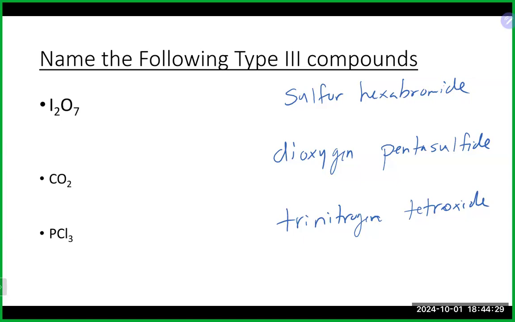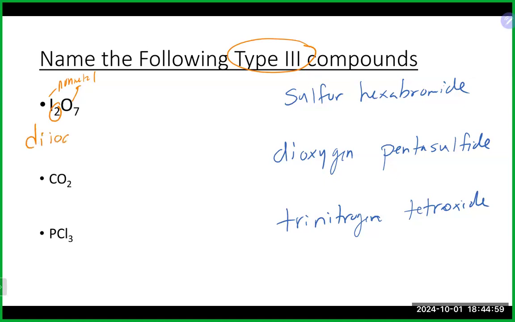Okay, so let's take a look. So again, really with any naming, you really want to identify what you're looking at. So I is a nonmetal. So is oxygen. They're both nonmetals. So once again, two nonmetals together should tell you it's type 3, and that should make you really happy because, again, there's no charges to figure out. There's nothing really to balance. It's pretty much you just need to pick the right prefix. So there are two of the iodine. The prefix for two is di.